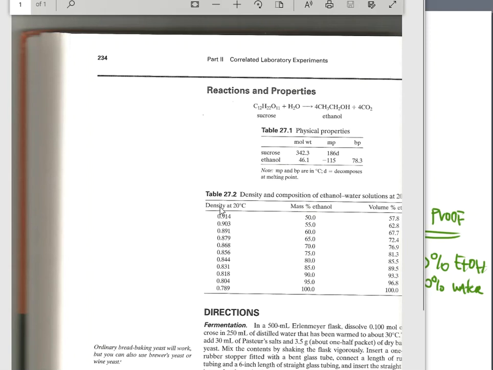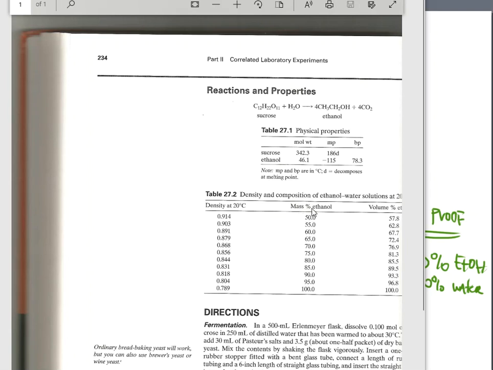So here it gives you density values in this very first column. And it's saying that if you have a density of 0.914, then that is equivalent to a 50% mass of ethanol. And if you're going by volume, 57.8% volume. Okay, so what does that actually mean?